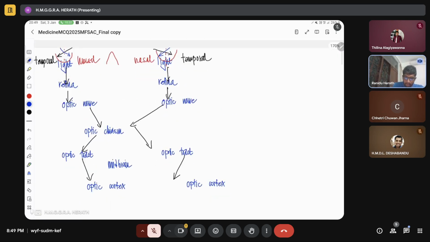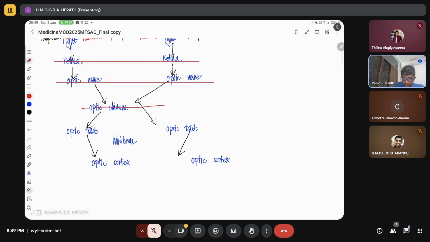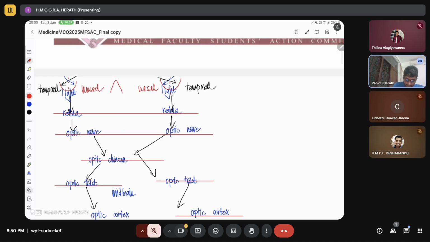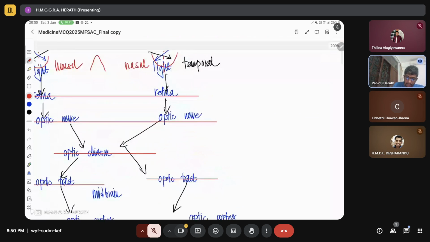So you need to remember what happens when each of these parts in the visual field pathway are damaged. What sort of visual field defect do the patients get here? You need to know.